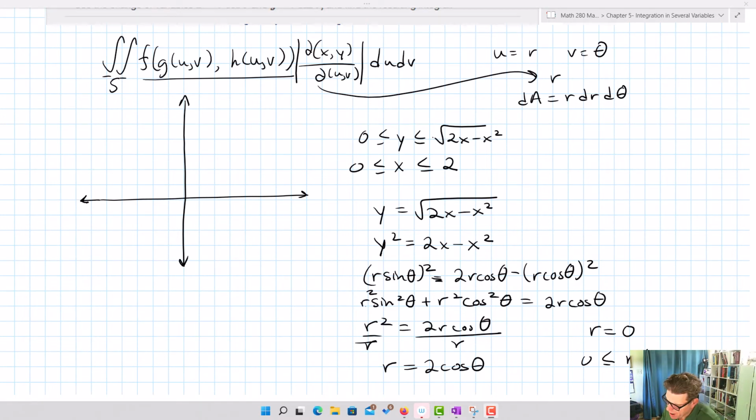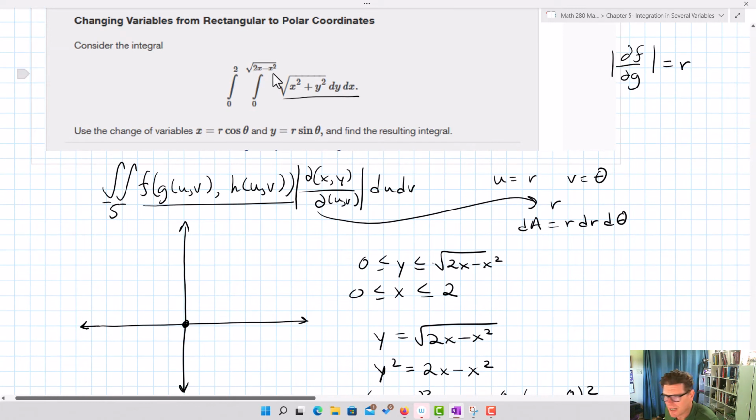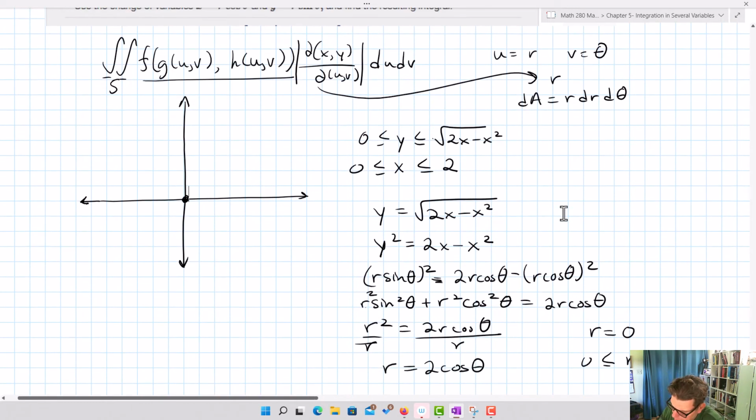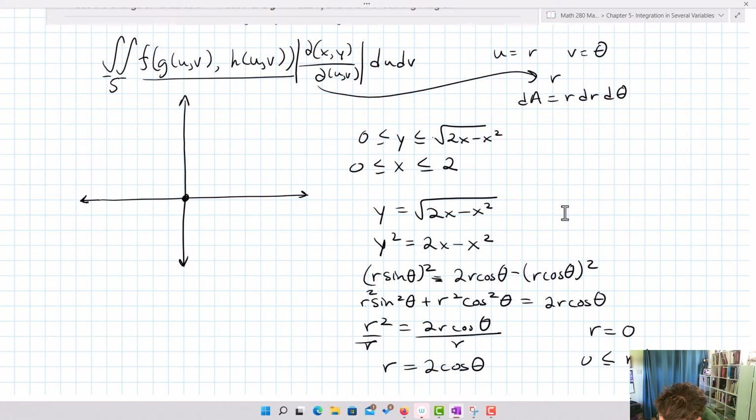So now I'm going to envision what this region actually looks like. The region, the square root of 2x minus x squared, is in fact a half circle. Let's imagine that's 1, that's 2, and we're going to get this half circle here, not centered at the origin, but it's got a radius of 1.